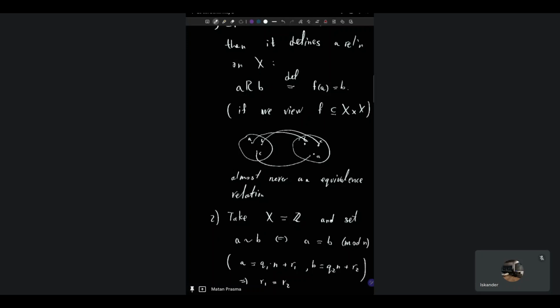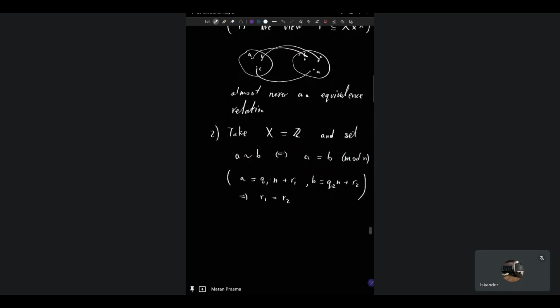Right? The remainder of long division of A by N and long division of B by N is the same. And I claim that this is an equivalence relation. So let's see it.